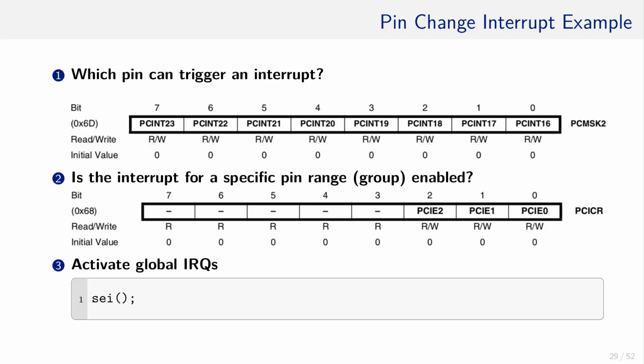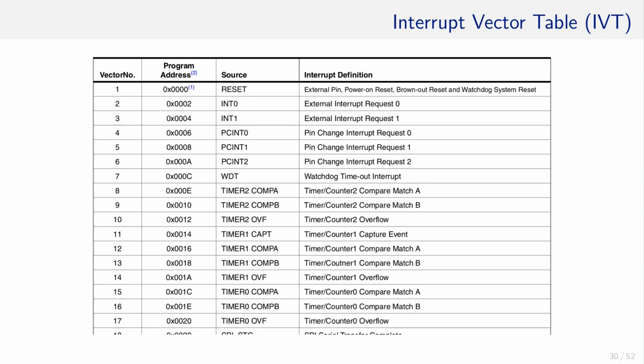Let's have a look at the interrupt vector table. The problem here is that not the pin issues the interrupt, but the entire group. As you can see here in the IVT, there are 3 entries for the pin change interrupt request, 1 for each group.